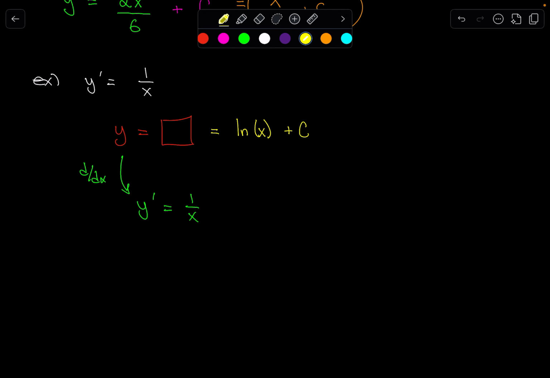Now there's actually another caveat that comes up with this. Again, it's very natural to think that the antiderivative of 1 over x is the natural log of x plus c. That is 99% of the way there.